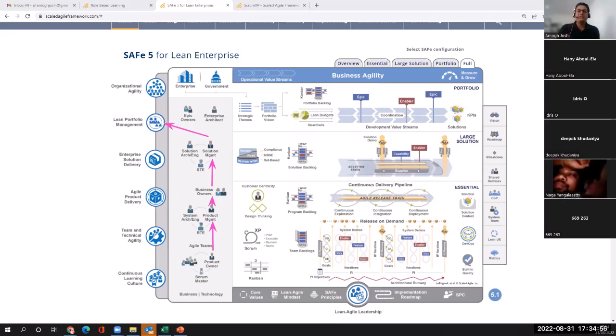Similarly, for efficiency, we have our product owners, Scrum Masters, release train engineers, solution train engineers, and LPM. So these are for ensuring the delivery is happening, ensuring all the teams are coordinating, removing the impediments, and leading them by example, by passion, and ensuring the delivery is happening.